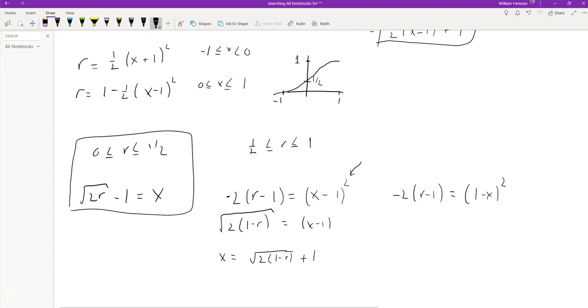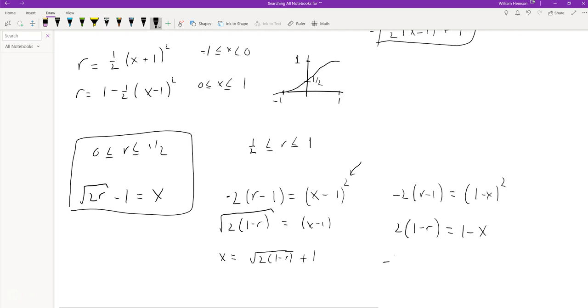So, okay, we take the square root. So the square root with 2 times 1 minus r equals 1 minus x. So that 1 becomes a negative.